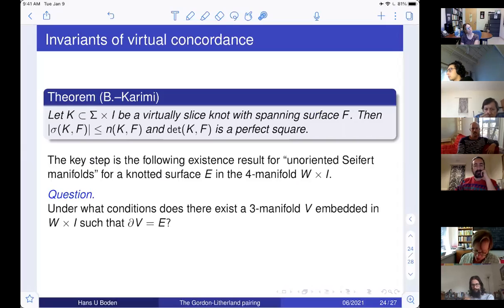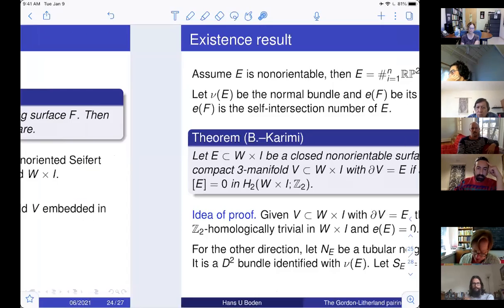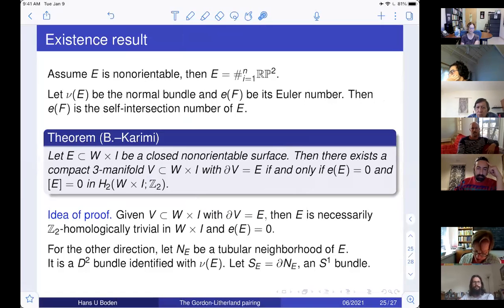But we wanted to know, given a knotted surface in W cross I, under what conditions can you find a three-manifold embedded in W cross I with boundary that knotted surface. So this is just like finding a Seifert surface for a knot, one dimension up. The complication here is that the surface E is not necessarily oriented, so V is not necessarily oriented.